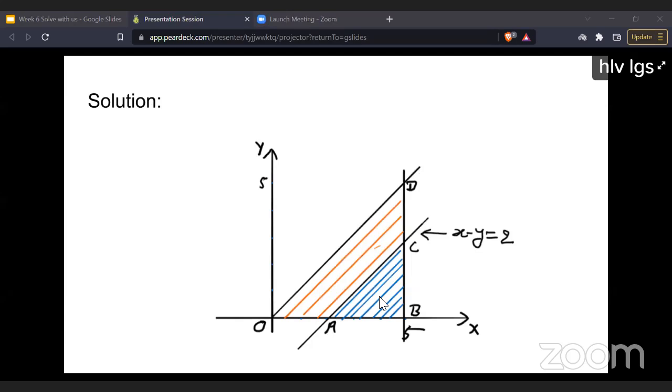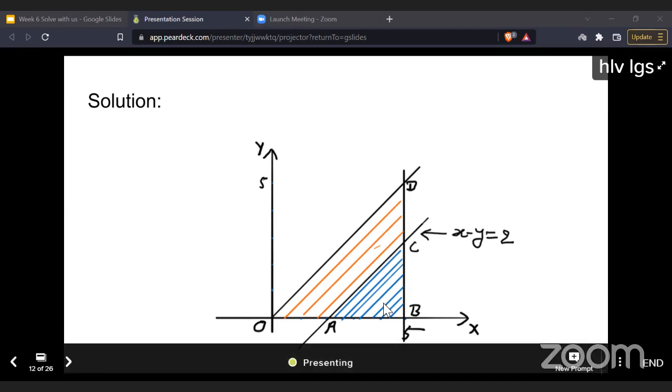It is going to be greater than 2, right? If you take 4 and 1, then it will come as 3 again. So in this region, whatever you take, the value is going to be greater than 2, not less than 2. You take 3, 0, you take 3, 1.